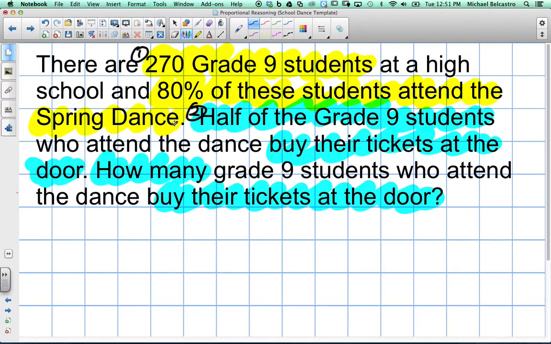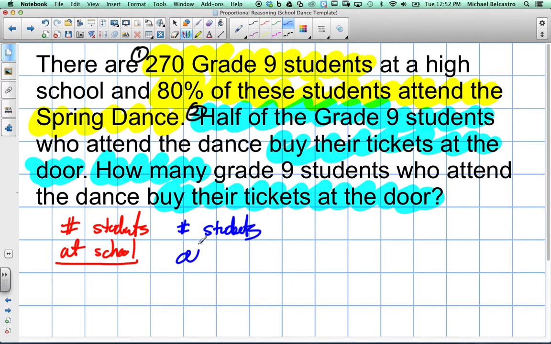We said we're going to do this by graphing, and because we're using some software for graphing, we want to build an equation. These are directly proportional relationships, and what we mean by that, if say we have number of students at a school, and our other category is number of students at the dance.